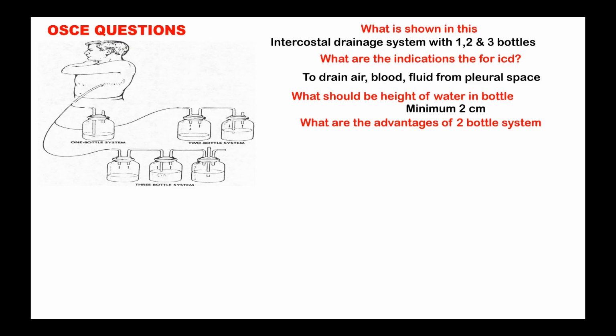It keeps the underwater seal at a constant level. Very good. So here a separate fluid collection bottle is there. So you can find out how much of the actual fluid, whether pleural fluid or blood, is collected, and you can measure that. And this water column will remain the same. So a fixed underwater seal level will be there. That is the advantage of the two bottle system.